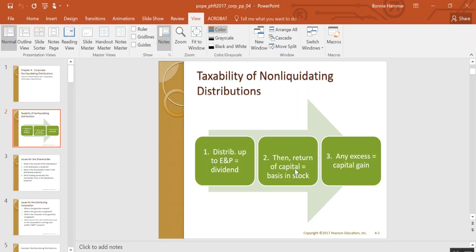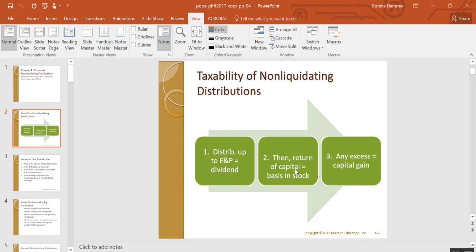So let's say that the corporation has accumulated E&P of negative $50, so it's actually got an accumulated E&P deficit as of the beginning of the year of $50, but it has current E&P earned during the year of $10.